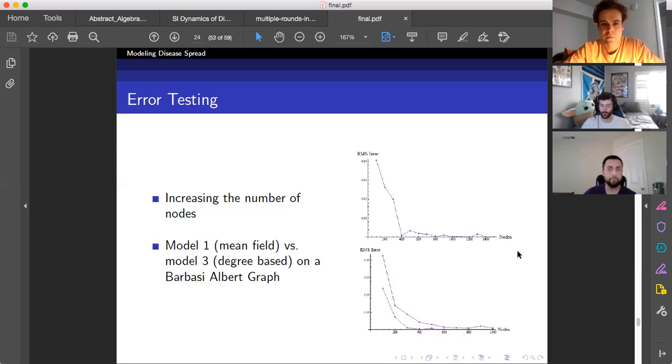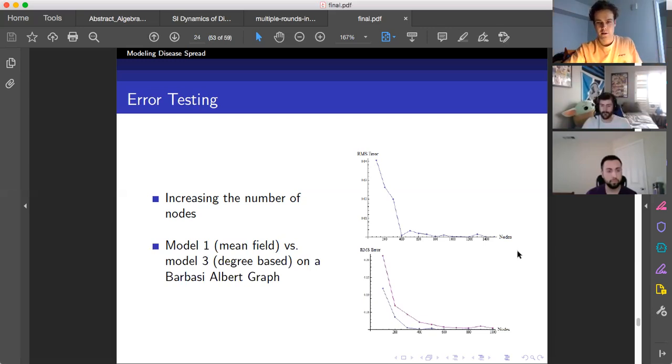And then also, we did a root mean square error test with the first model, the mean field model that Jacob presented, and model 3, the degree based model that Jasmine presented.